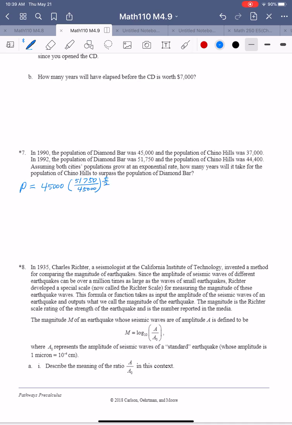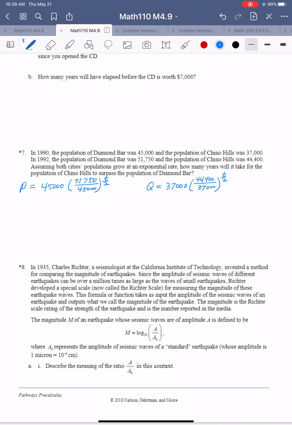And then for Q, for Chino Hills, starting from 37,000, and then it becomes 44,400 from 37,000 over the 2 years. Okay.